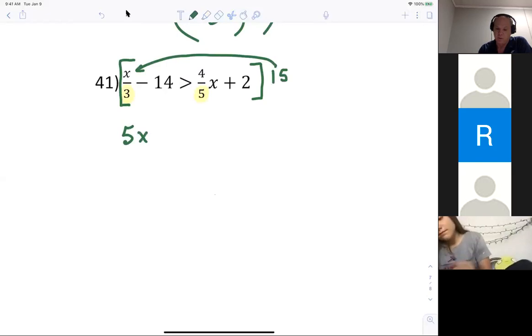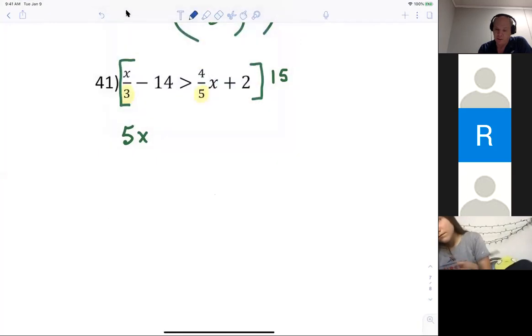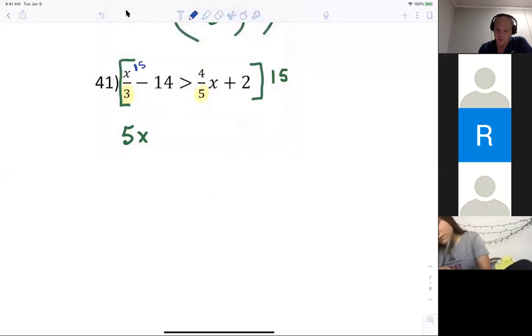Now what I used to do is I used to show kids this. Let me erase this real quick. I used to show them that when you're distributing the 15, it's better if you put a little 15 here, a little 15 here, a little 15 here. So you're multiplying each individual number by 15.